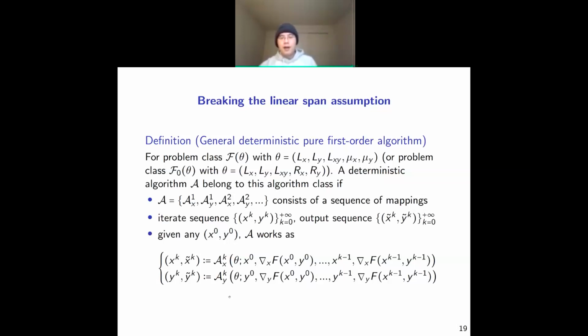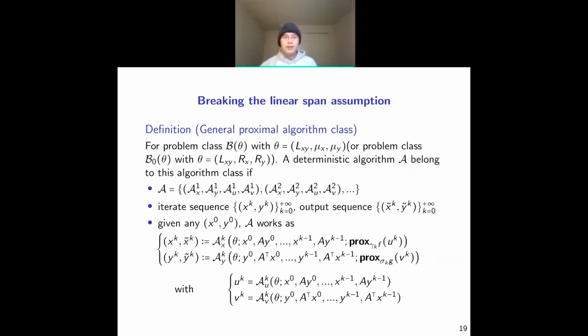And by some additional effort, we can show that the previous lower bounds for the algorithm class with linear span will be exactly the same for this general deterministic case. And similarly, we have that for the proximal algorithm class. But at this point, let's just skip that.